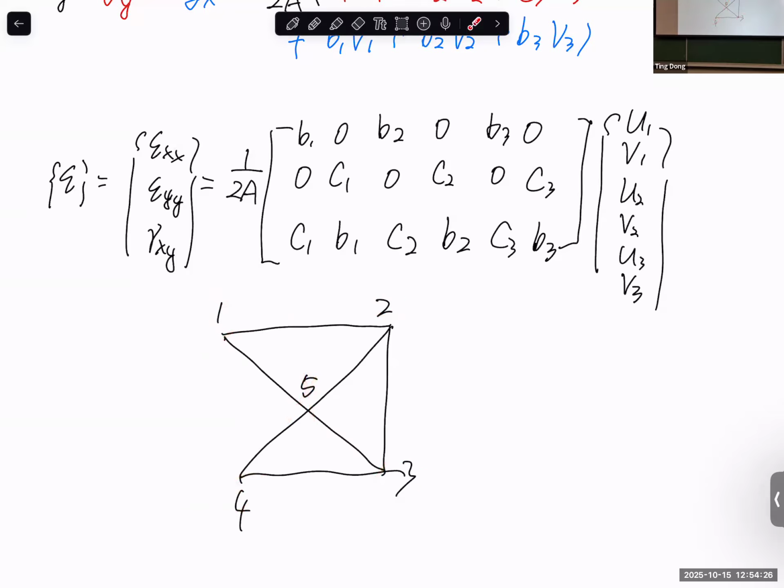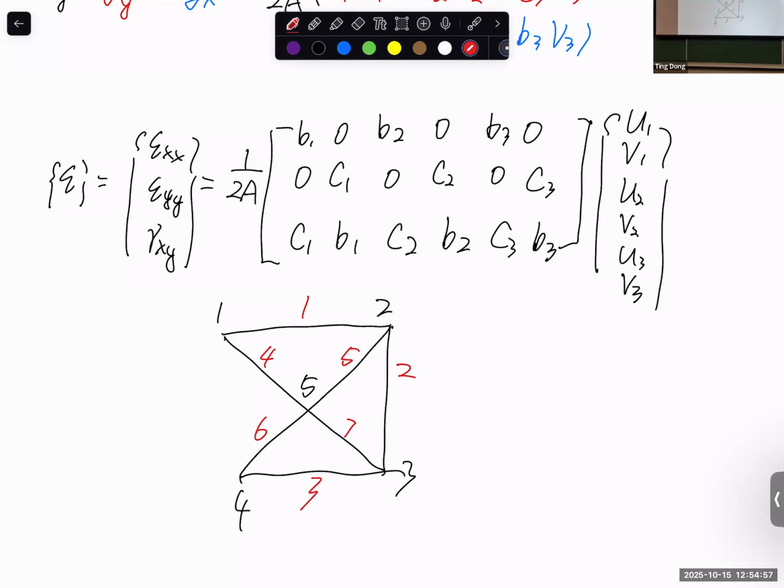And for the element definition, the definition of the element is the element label, the first node, and the second node. But of course, it doesn't matter which is first or second. So let's say this is element. Let's use a different color. Element 1, 2, 3. Original elements, let's say 4, 5, 6. Right?